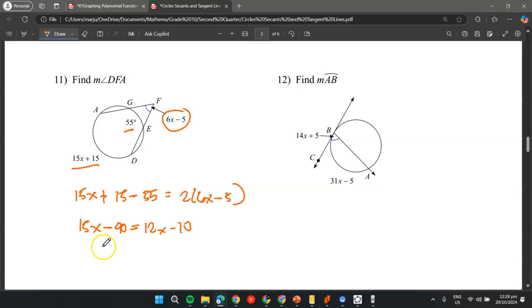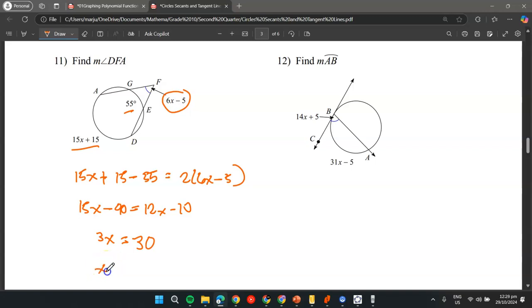So this is what? 3x is equal to 30. So x now is equal to 10. So if x is 10, this is 60 times minus 5. This is actually 55 degrees. So that will be our answer.